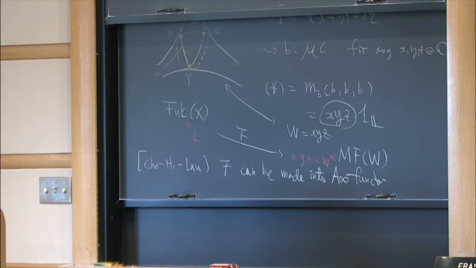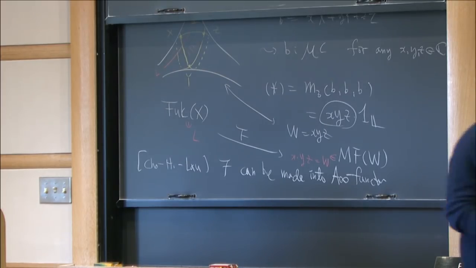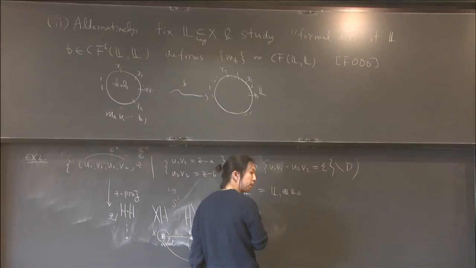Let's say x and y, and this is z, this is w. So in fact, if you choose some suitable gradings on L1 and L2, these x, y, z, w are all of degree 1. And then I'll take b to be the linear combination of these.